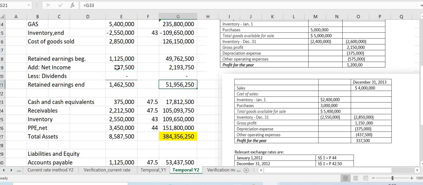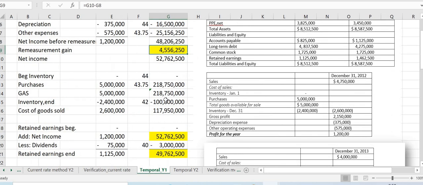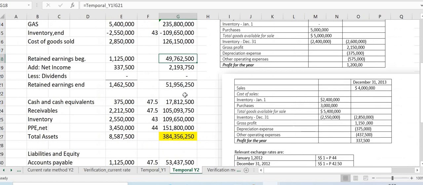So your retained earnings beginning balance is translated using the ending balance of your retained earnings last year, which is actually 49,762,500. Okay?